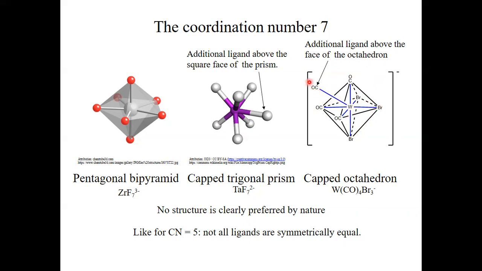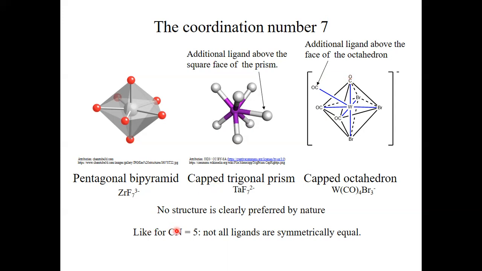Okay, and then the 7th CO ligand is being placed above the face that is made of the other 3 carbonyl ligands. So this is the third possible way to realize the coordination number 7.